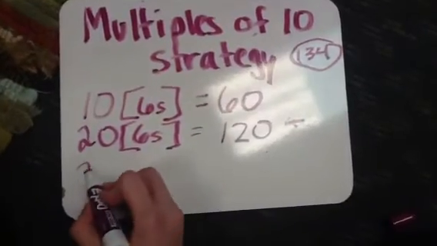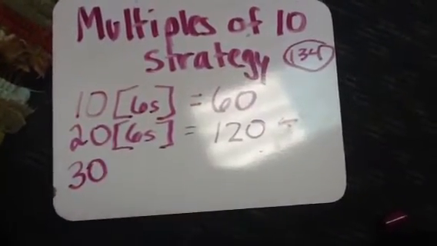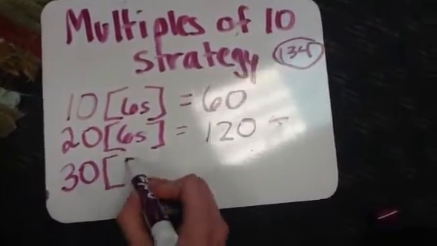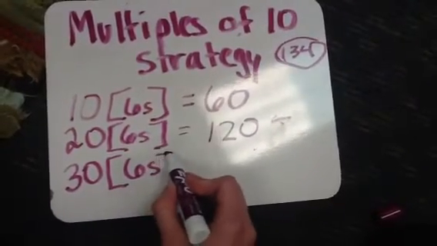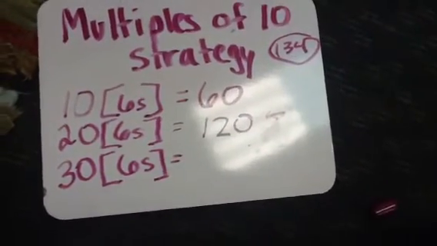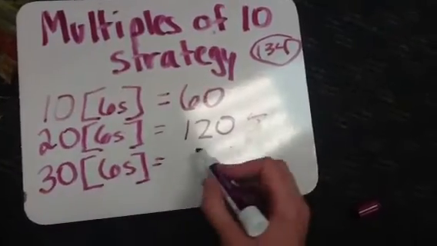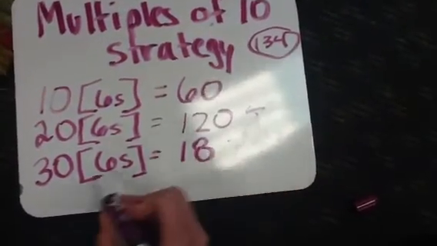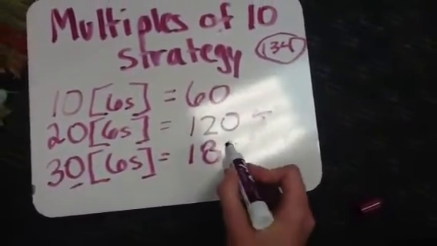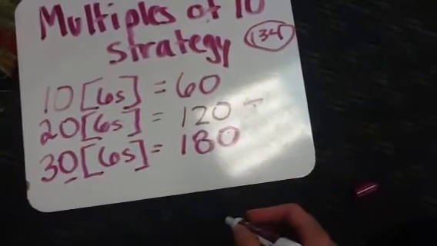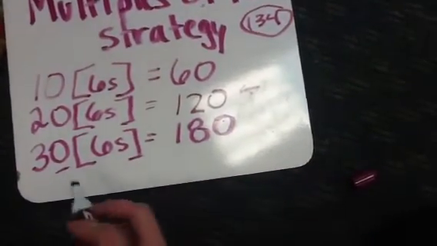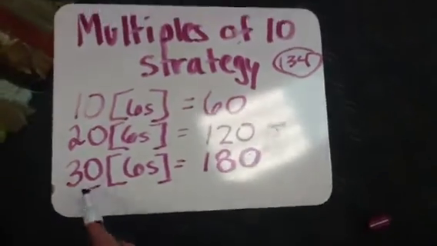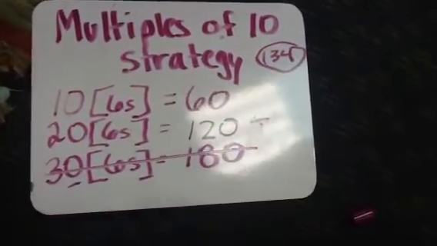Let me see if our next multiple of 10, which would be 30, if 30 sixes would be enough. 3 times 6 is 18, and I tack on the 0. 180 chocolates could be divided into 30 boxes. That is way too many.